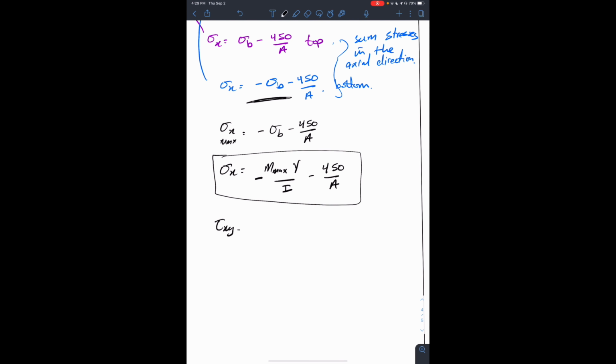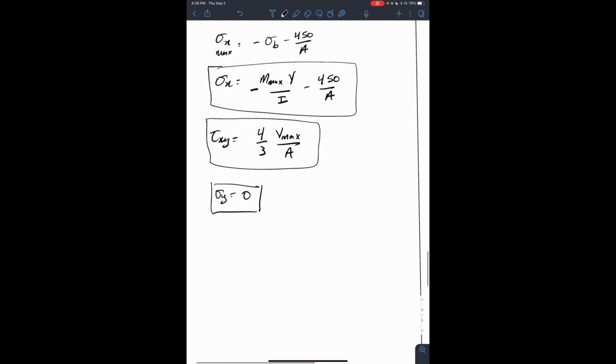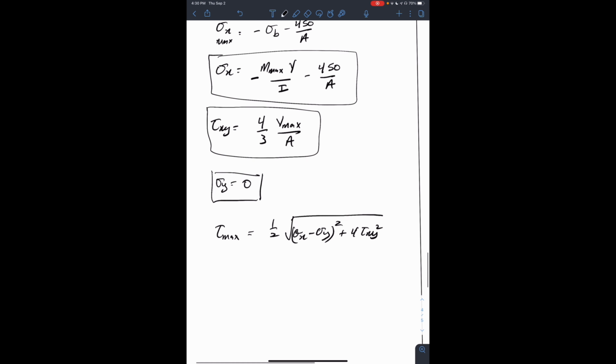Our tau xy, we said before, is 4 on 3 by V max over the area. And our sigma y, we said, is 0. So we could go ahead and say tau max is equal to a half of the expression.